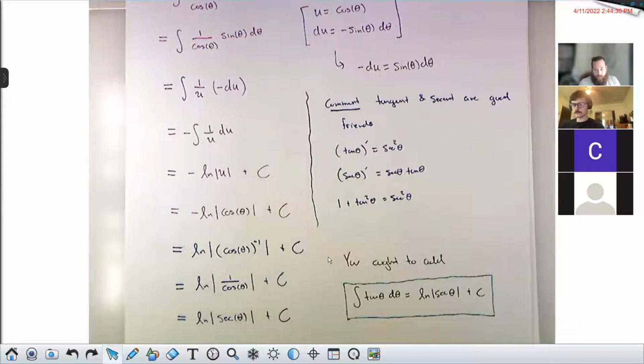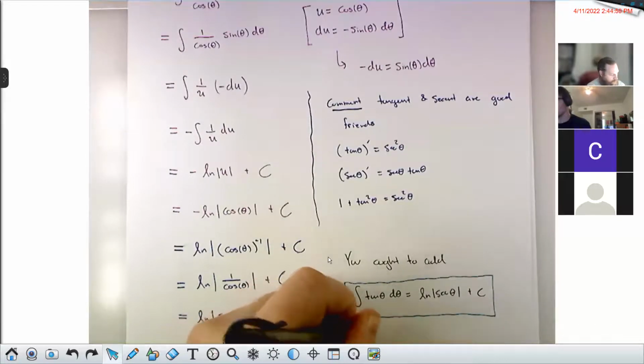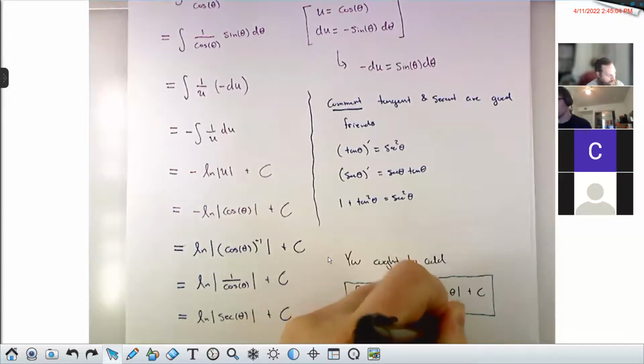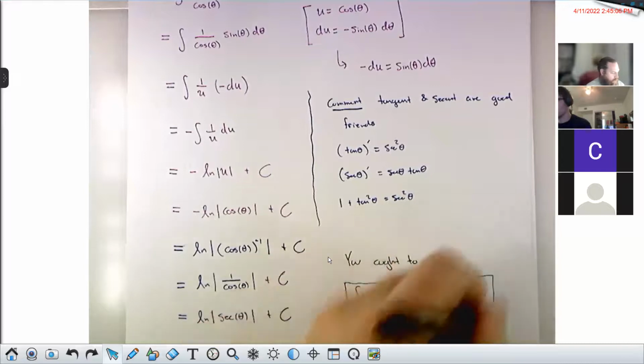Wouldn't it be dope if you knew the integral of all 6 trig functions? So here's one to add to the list. And that's just a nice way to remember it, right? Because secant and tangent. Okay. So you ought to add this to your table of known integrals.